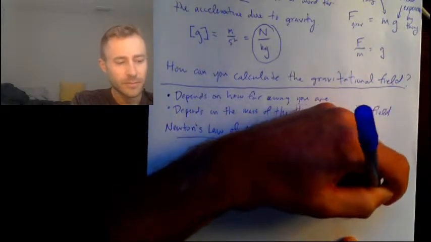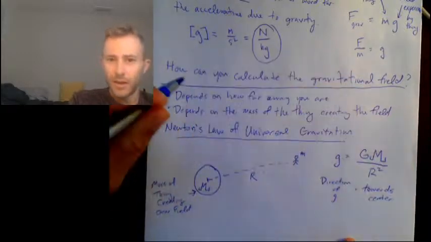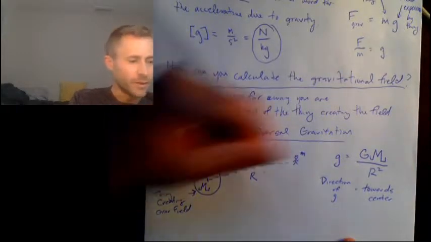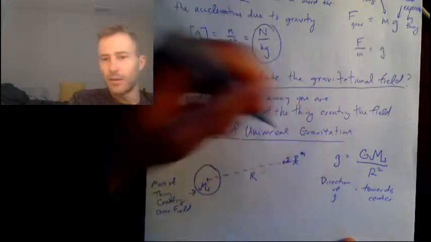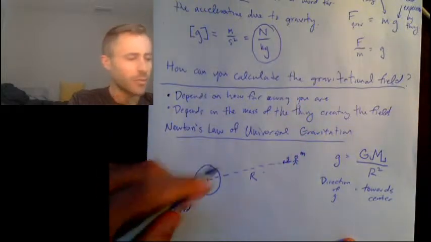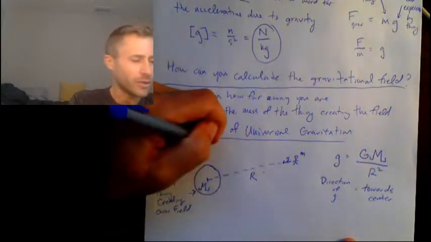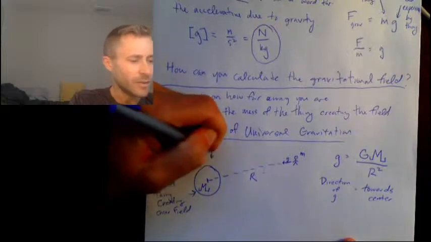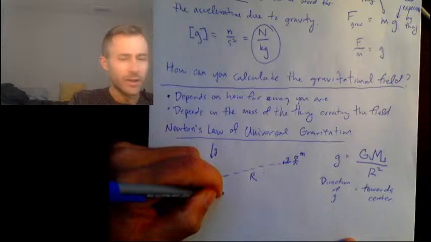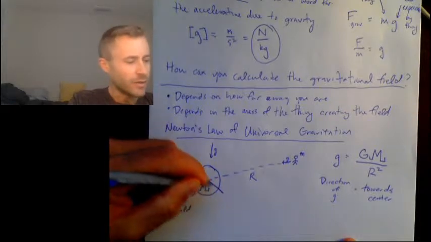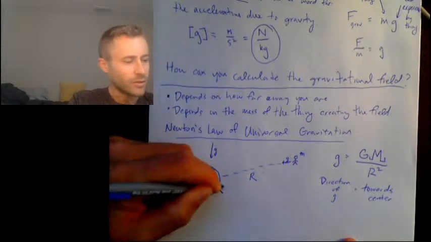Okay, so this astronaut is going to accelerate towards the center of the planet. If the astronaut was over here, they would accelerate towards the center. If the astronaut was right here, they would accelerate towards the center.